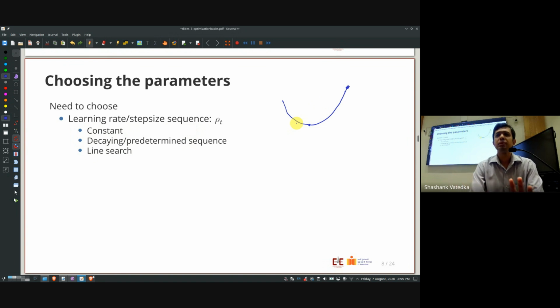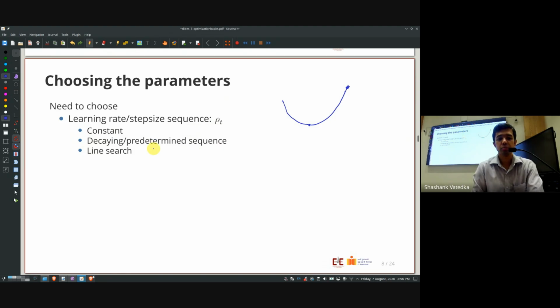But assuming that the function is sufficiently nice, essentially, if it is convex, then what can we do? You can choose rho t to be a constant or a decaying sequence, or you could also do line search. In a sense, you try to optimize over rho t in every time step, and there are different ways you can do this.